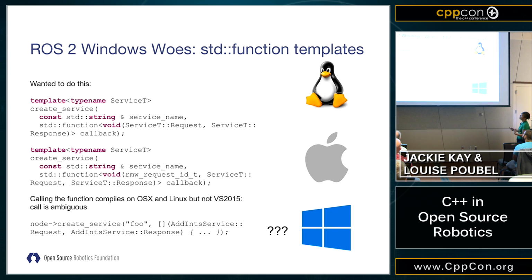So we had these two template types, and we implemented them. But calling the function compiled on these two platforms, but not Windows. That seems weird. It basically said this call is ambiguous. So we would think the compiler would be able to resolve the template overload because it's given a request message and a response message.